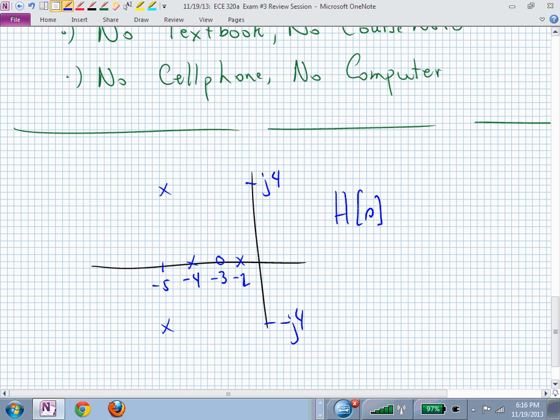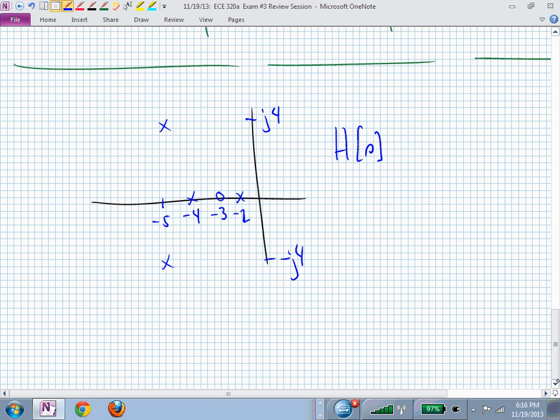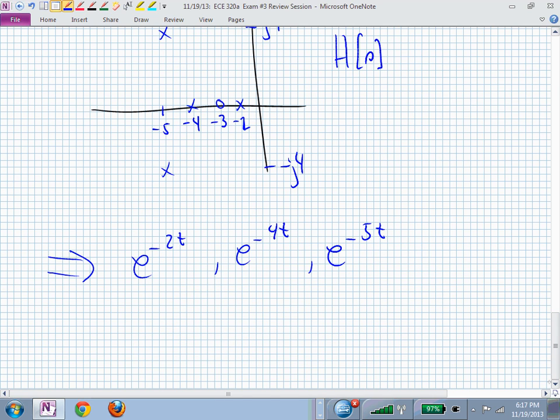So that one is the dominant mode. That one influences the transient behavior. From this diagram, you can say, oh, I'm going to have terms that are e to the minus 2t, e to the minus 4t, e to the minus 5t in terms of exponential damping.